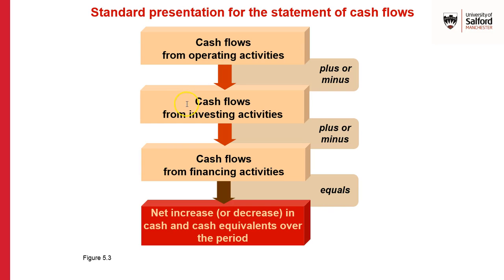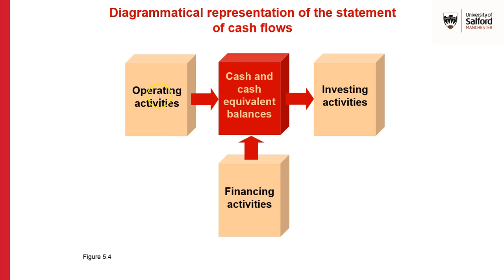Cash flow from operating activities, then cash flow from other investment type activities, savings, etc., and then cash flow from borrowing activities, altogether account for the net increase or decrease in cash over the period. This just looks at the three activities and makes the point that they are all part of the movement in cash and cash balances.